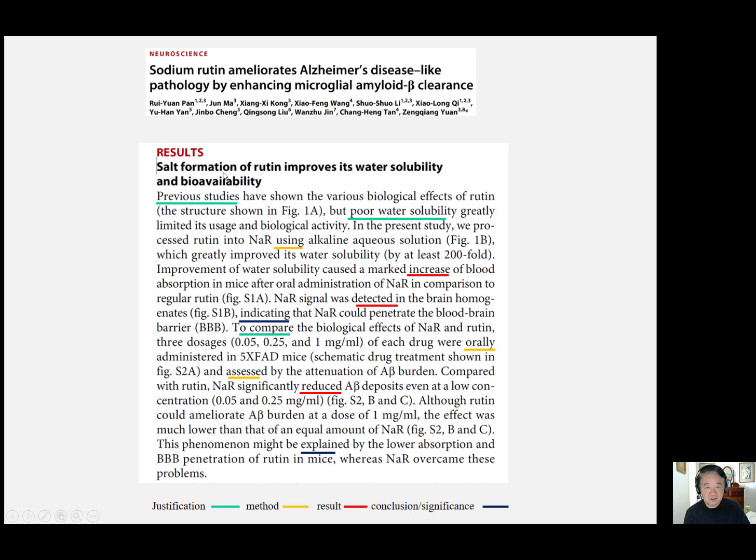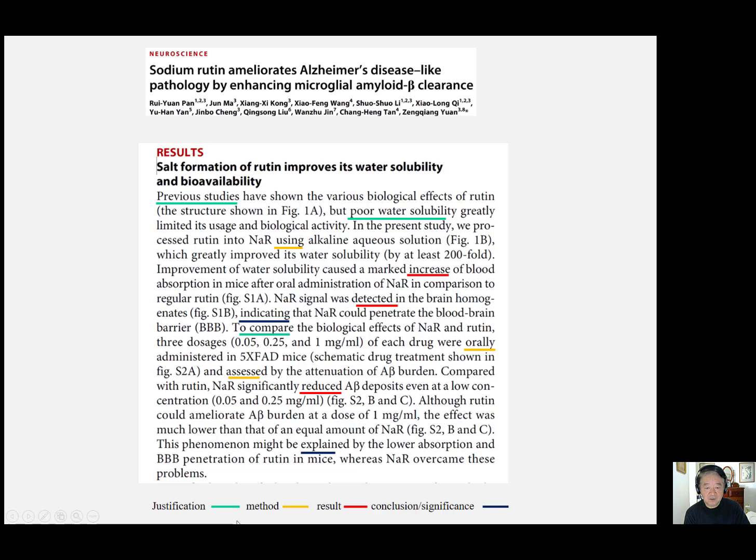And this is the subtitle for this paragraph. So each paragraph in this paper, they have a subtitle. And the subtitle here is talking about the salt formation of rutin improves its water solubility and the bioavailability.